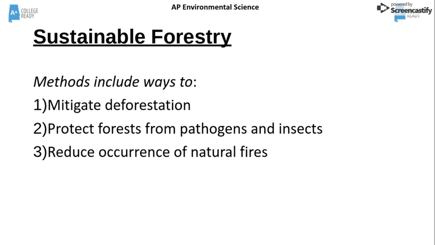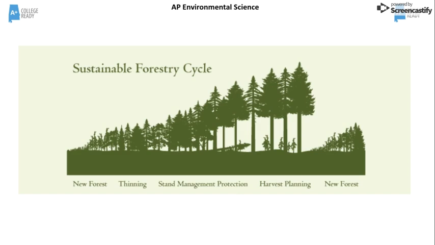Sustainable forestry methods include ways to mitigate deforestation, protect forests from pathogens and insects, and reduce the occurrence of natural fires. A sustainable forestry cycle includes various stages: the new forest, thinning, stand management protection, harvest planning.